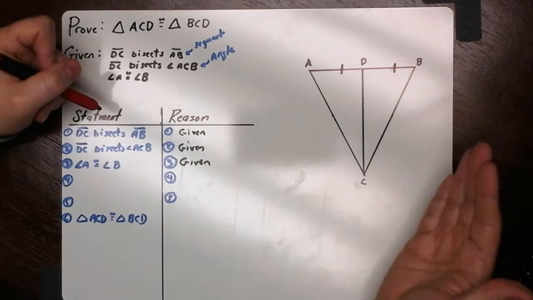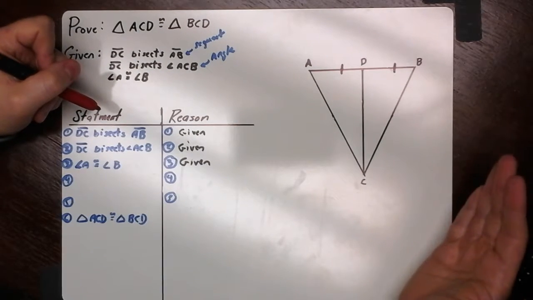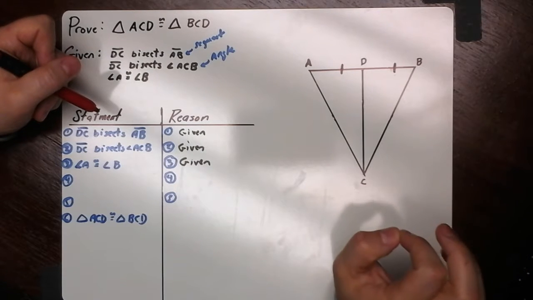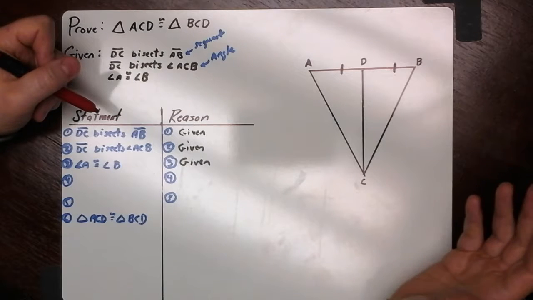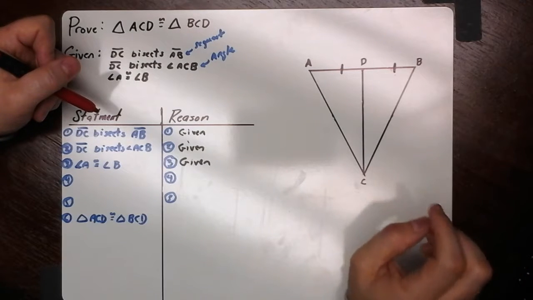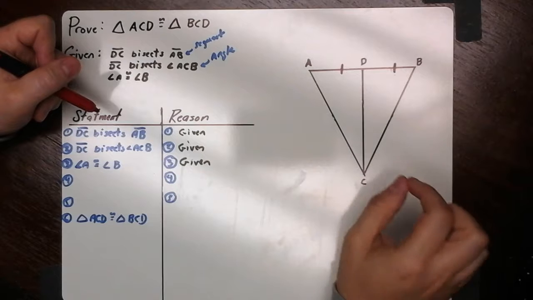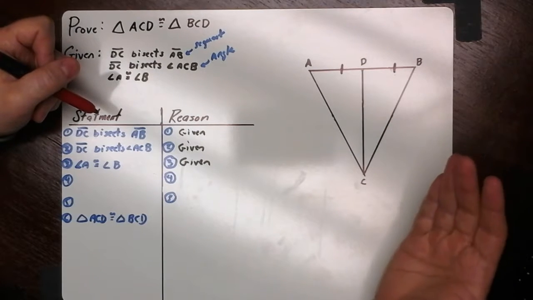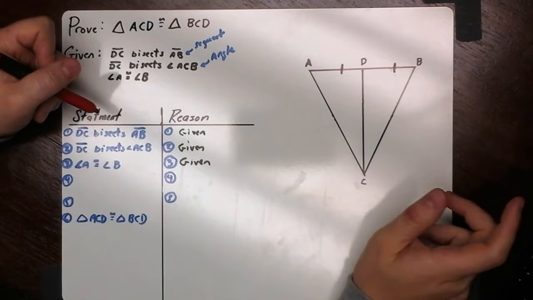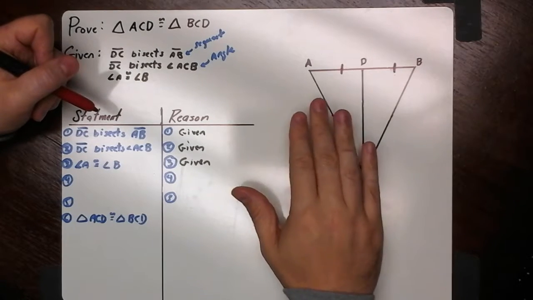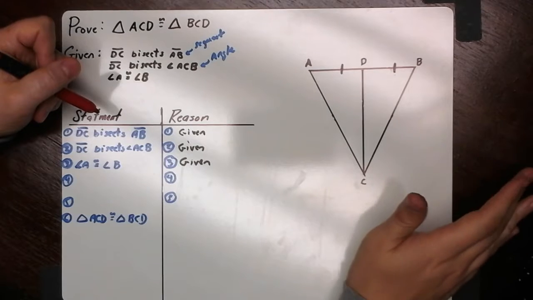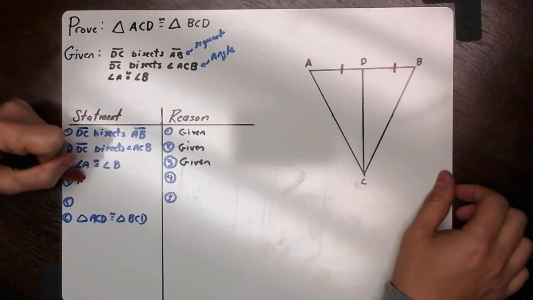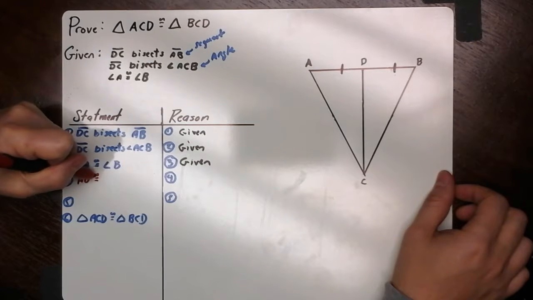Now, if you're wondering, wait a minute, that does the same thing as a midpoint, you are totally correct. In this case, and in most cases, midpoint of a segment and a segment bisector do the same thing. It's slightly different language. One is saying it's the middle, the other one's saying it's cut in half, but the results are the same.